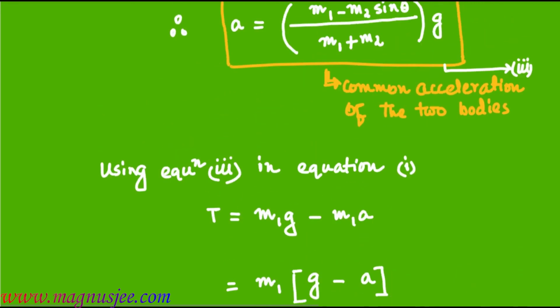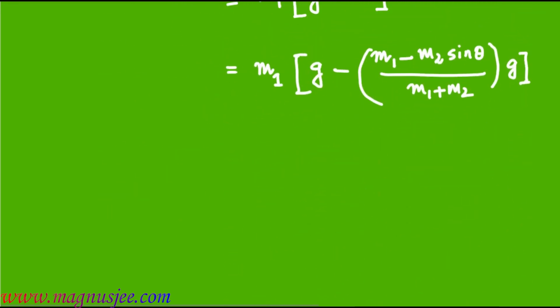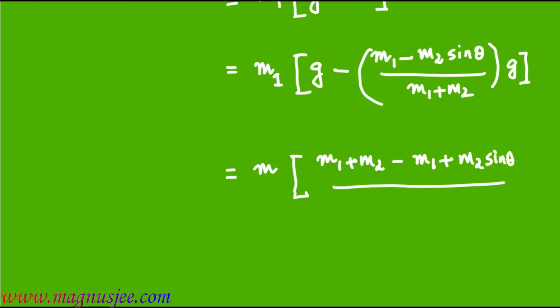That is the acceleration due to gravity, small g. Now g can be taken common, m1 bracket opened, and also we can do the LCM, m1 plus m2 minus m1 plus m2 sine theta whole divided by m1 plus m2 bracket closed into g, small g.